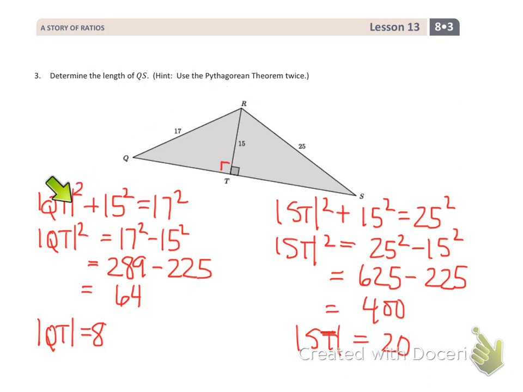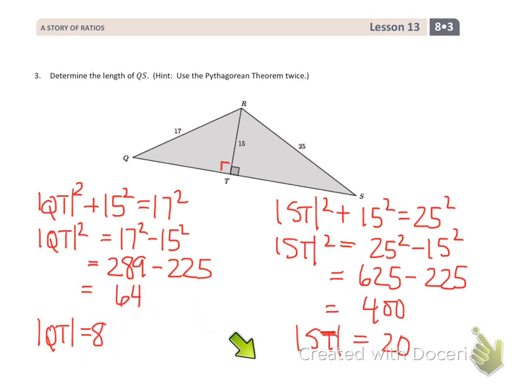So I can solve for QT squared. So QT squared is 17 squared minus 15 squared. I took this term and subtracted it from both sides of the equation. So this gives me 289 minus 225, which when you subtract it out is 64. So this length, QT squared, is 64. So that means QT is 8.